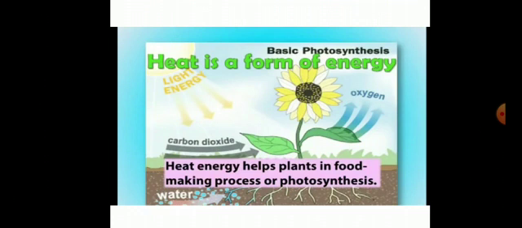You all know that carbon dioxide and water are the reactants, and sunlight is utilized by plant, and with the help of chlorophyll pigment, glucose, that is the food, is prepared by plant and oxygen is released in air.